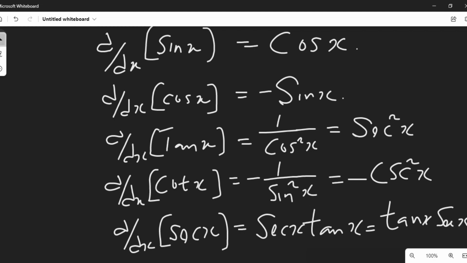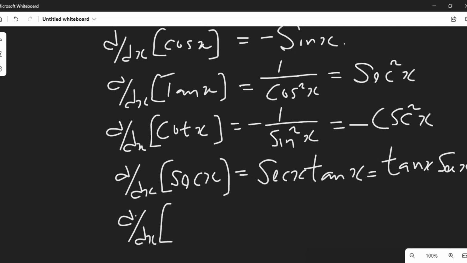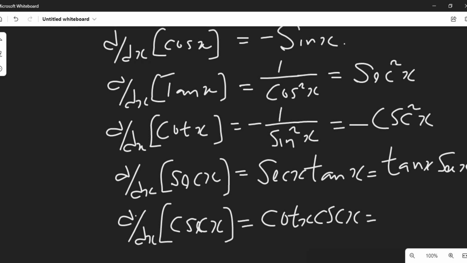Whichever you decide to put first can go. So we'll also find the derivative of cosecant of x, and that will give us cot x cosecant of x, or you can also put it as cosecant of x cot x, whichever you decide to put first.